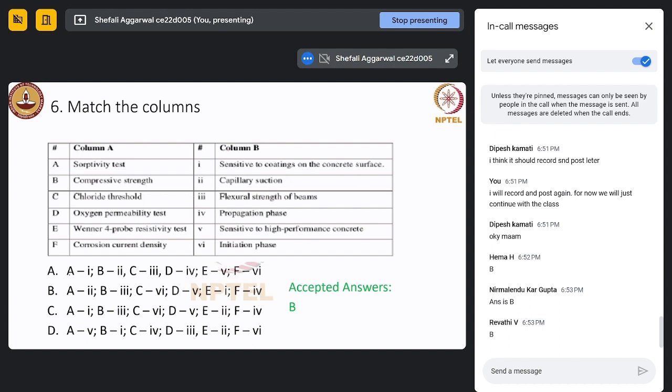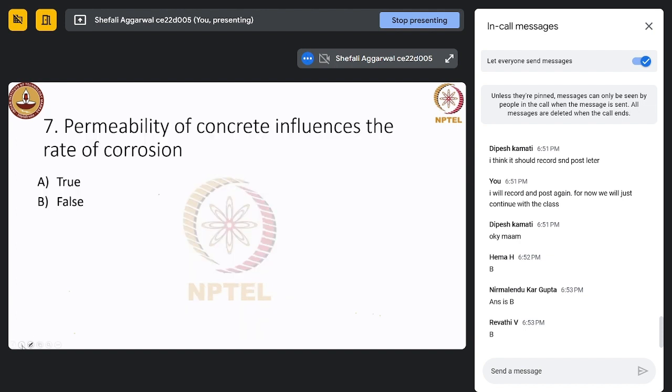Okay. Permeability of concrete influences the rate of corrosion. Do you think it's true or false?